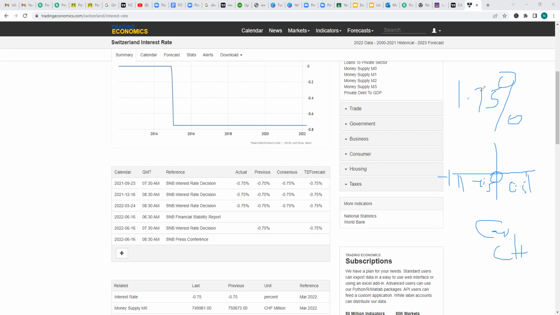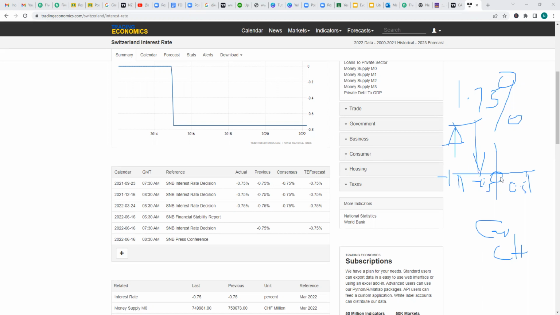Because of this differential, you now look at it this way: because CAD has a higher interest rate than CHF, fundamentally you believe that CAD will appreciate against the CHF. Now you have established this fact.